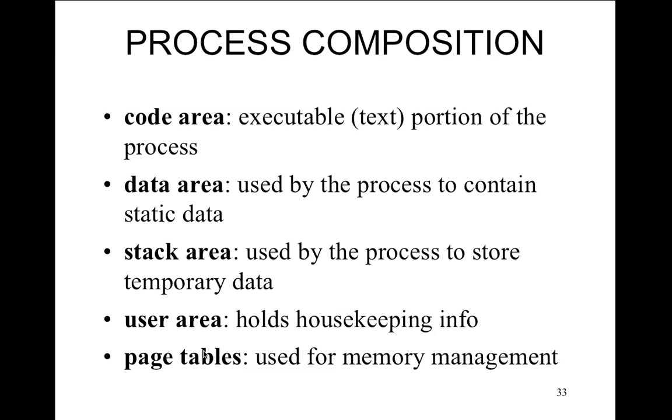The stack area is used by the process to store temporary data as well. And what are we doing? Storing data, storing data, storing data. It's kind of like pointer, pointer, pointer for the inodes. So we have the user area, where it's going to hold the housekeeping information, and page tables used for memory management. So we have this organizational scheme for the process, and the kernel keeps track of this organization and actually creates the scheme for us and loads the information into the processes.